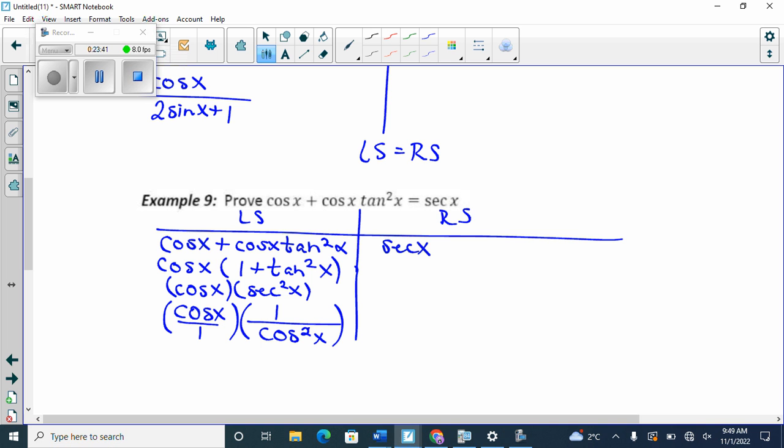This cancels this off, and then I'm left with 1 over cos x, which is secant x. I could have changed secant to 1 over cos x and made them both 1 over cos x, still the same image, right? Left side equals right side.